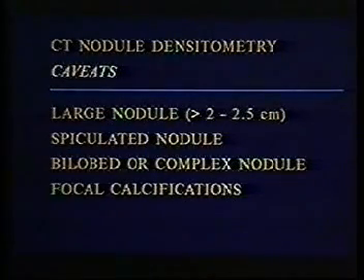If the nodule is bilobed or complex, if it consists of two or 3 portions, or it's dumbbell-shaped, one part can be benign, the other part can be a carcinoma. You should stay away from those. And if you see a nodule with only a few areas of focal calcification, you should probably avoid diagnosing those as benign and rely on diagnosing nodules as benign if they contain a lot of calcification.